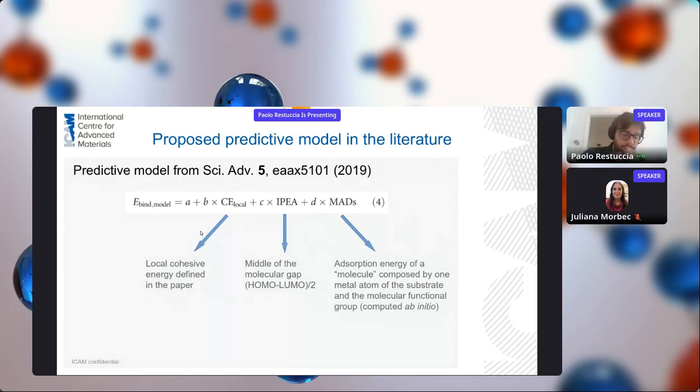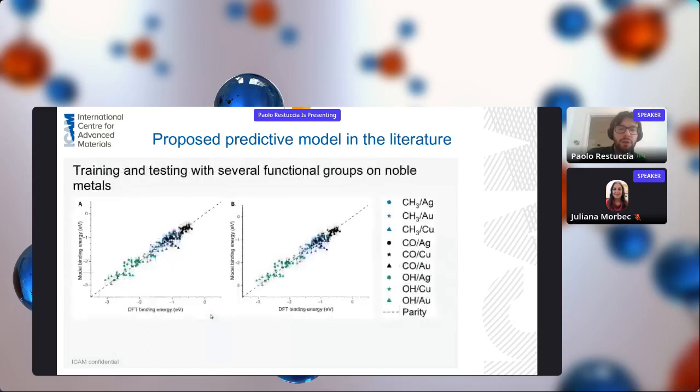So the main idea is to perform linear regression with machine learning algorithms in order to identify these different coefficients and to create a model to predict the molecular adsorption. This is just an idea of what they did.